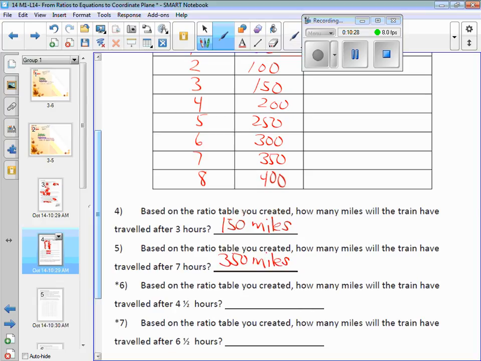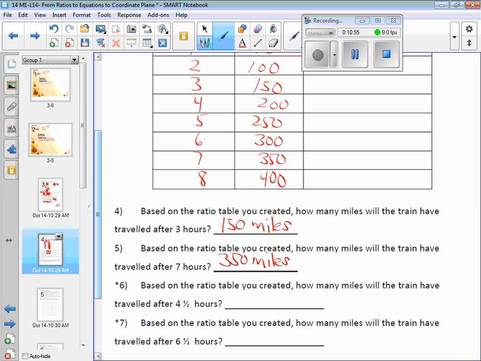Now here comes the tweener. 4.5. Nick Ellis. 4.5 is 225. How did you do it? Because for 4.5, it says 200, and if there was 1/2, it still doesn't equal 5, so half of 50 would be 25.